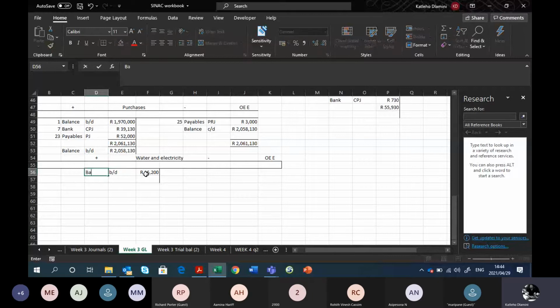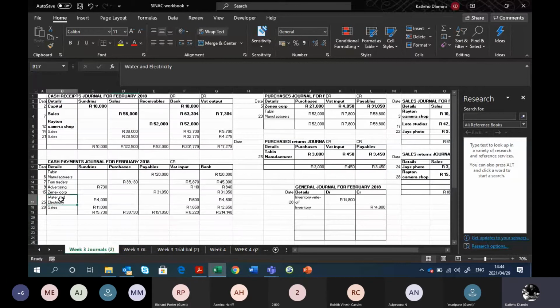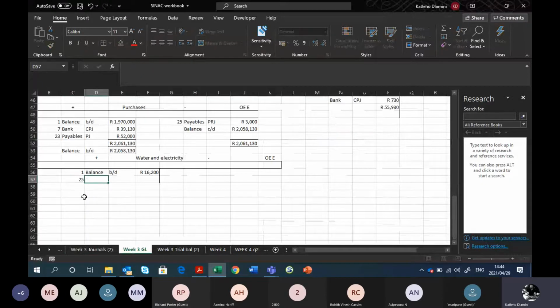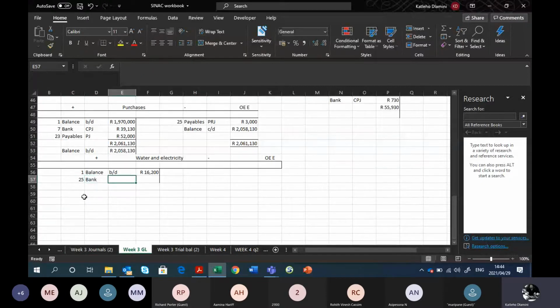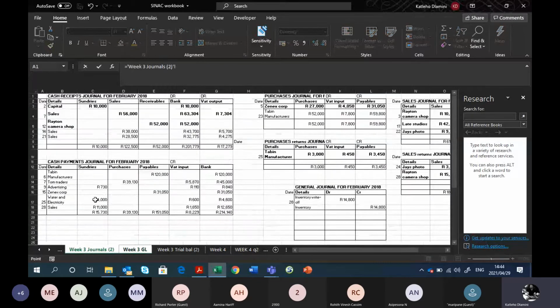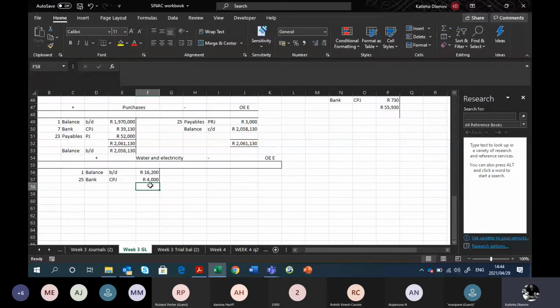Balance the first. Okay. Then let's see, water and electricity, we only have the one here for 4,000 on the 25th. Bank, CPJ, I think it was for 4,000, yes it was. That was it.